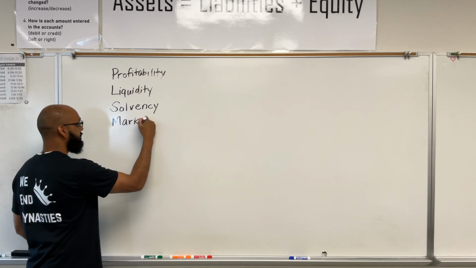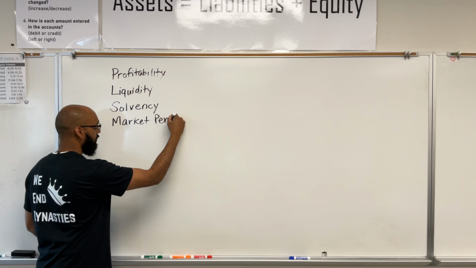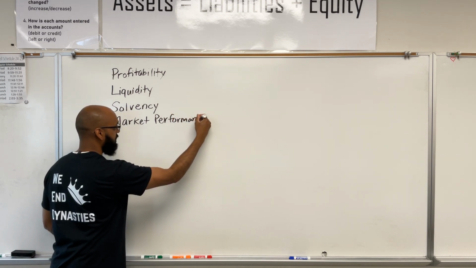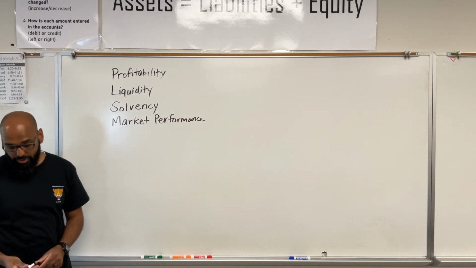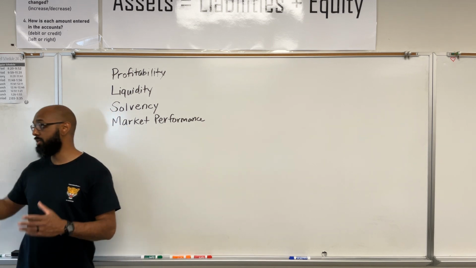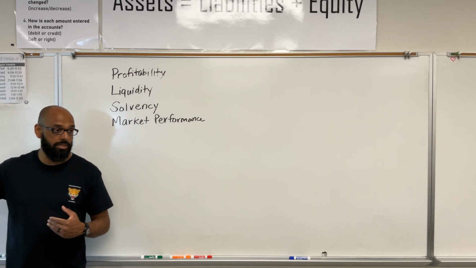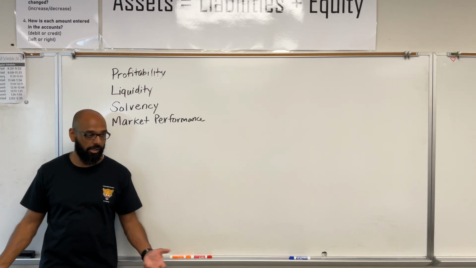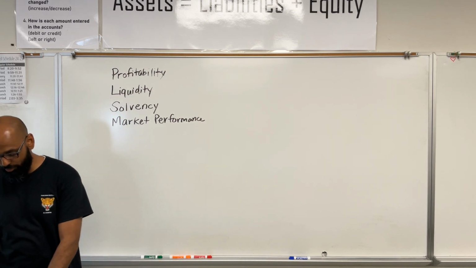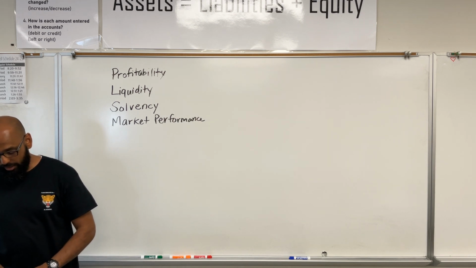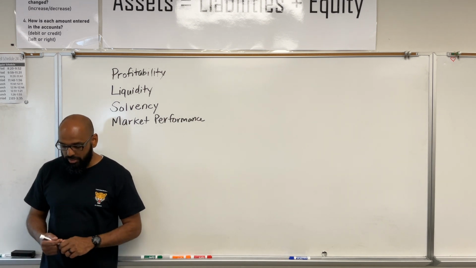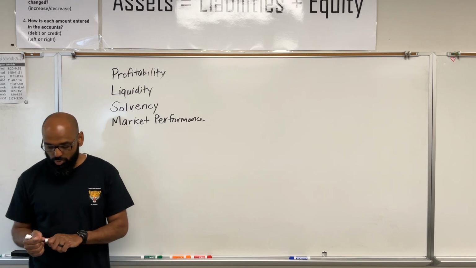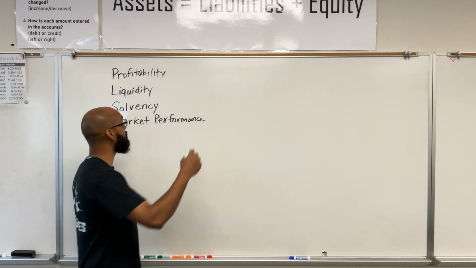And so how are we doing in comparison to ourselves from prior years or in comparison to other competitors in the industry? So market performance, how is our stock performing? What does our stock price look like? How's it performing? All right, so first, profitability ratios, primarily the gross profit margin or gross margin.